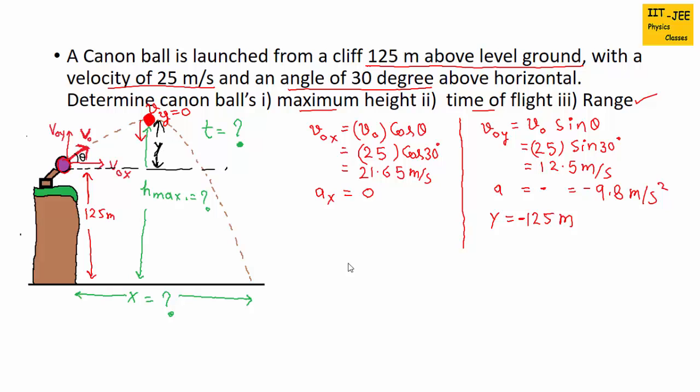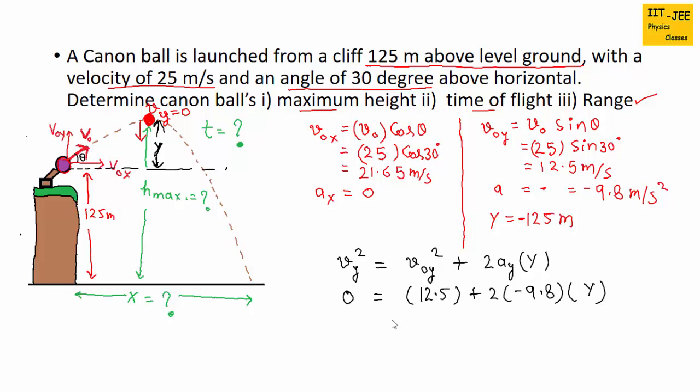So we will use the kinematic equation Vy squared equals v0y squared plus twice ay y. Vy is 0, v0y equals 12.5 meters per second. Now plug in all the values. After solving this, we will get y equals 7.97 meters.